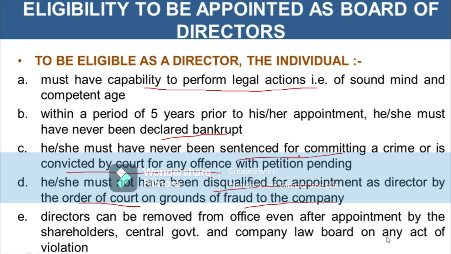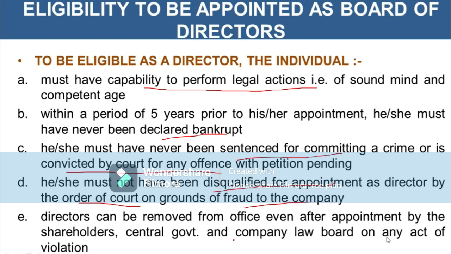Adding to these aspects, if there is any order of court on a particular person, on grounds that he is disqualified for appointment as a director, or on grounds of fraud to the company, such a person is also not eligible to be appointed as a director. And directors can be removed from office even after appointment.